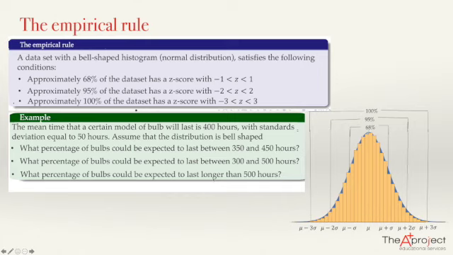Observe now that this is similar to the Tchebyscheff theorem. These two numbers need to be the same. But now we don't have "at least", now we have an approximation. And the other thing is that the empirical rule only uses these three numbers, 1, 2, and 3.